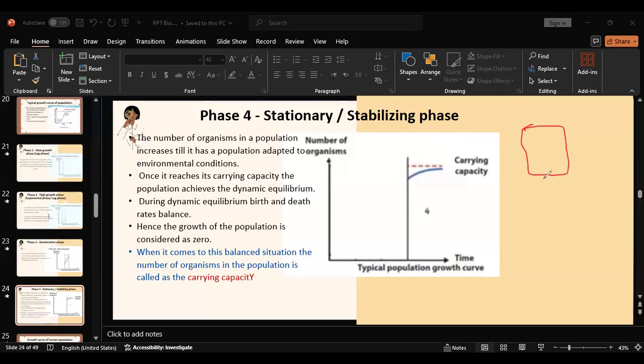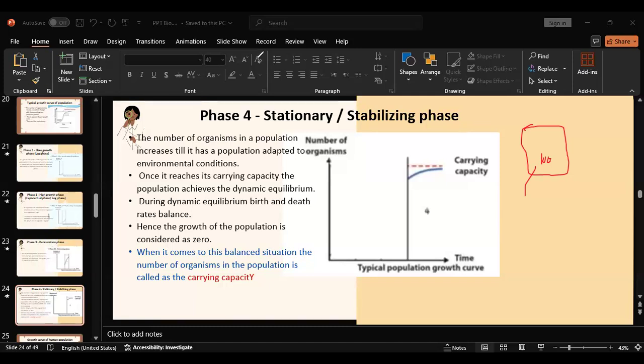For example, only 100 individuals can be borne in this area. What will happen? With the increase, a lot of individuals are present there, but food shortage will happen, sometimes fighting over the little food or shelter or whatever.